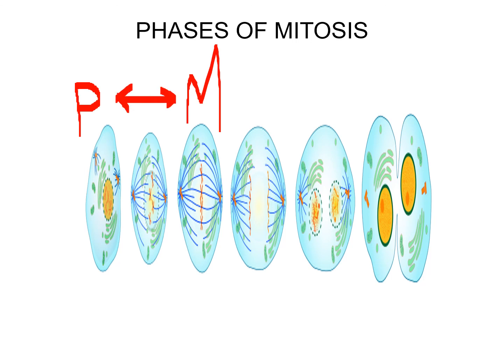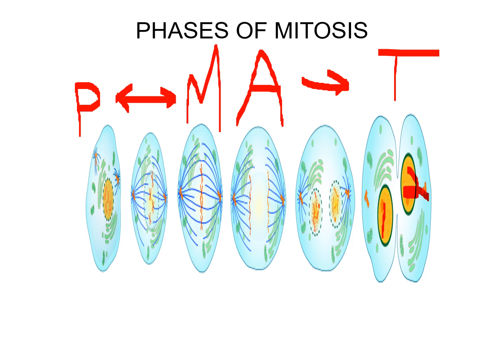Here you can see on the next one that they're being pulled apart. So A for anaphase, A for apart. And then transitioning from them being pulled apart, you eventually have telophase. And telophase, remember, it's still one cell, but you have two nuclei. And then we can see cytokinesis just pinches them off, so we have two identical cells.